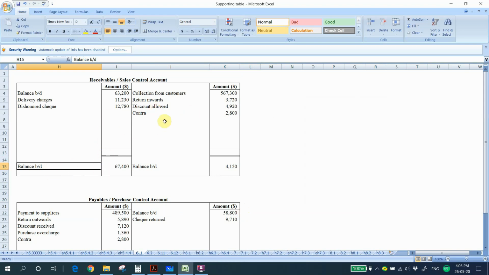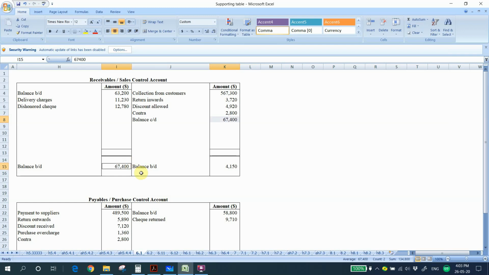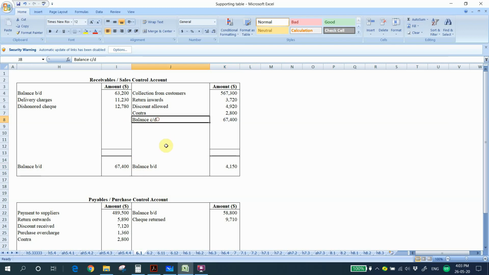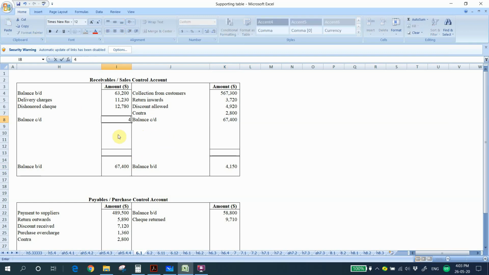The brought down here, we write balance c/d here. This is the double entry. If the brought down is on the debit, the carry down will be on the credit. Same here, if the brought down is on the credit, the carry down will be on the debit side.